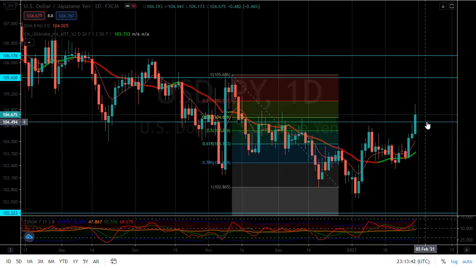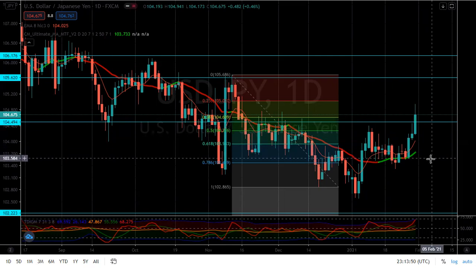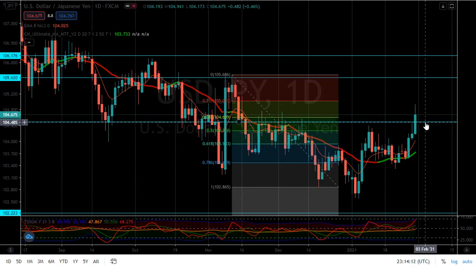But if we have a break and close below the 104.49 area, we'll be looking forward to the next key level of support at the 103.60 area. But based on price action, I'm looking forward to retracement into this zone and going upwards, and the next key level of resistance at the 105.62 area for this pair.